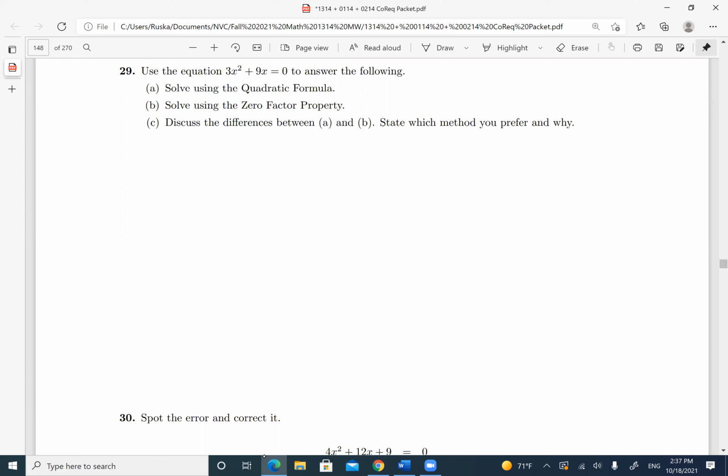And which method you're going to prefer? So the quadratic formula works always, right? Now the factoring method is used when the equation is factorable, okay? So for this one, when you have a binomial, it's easier to factor it and then solve it.